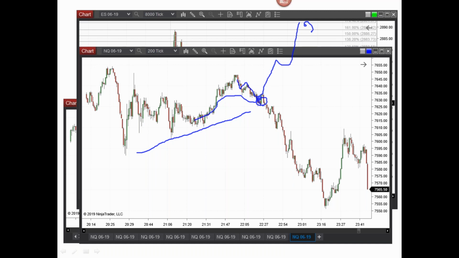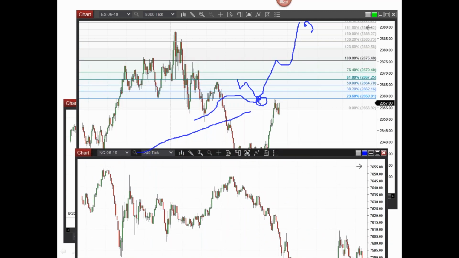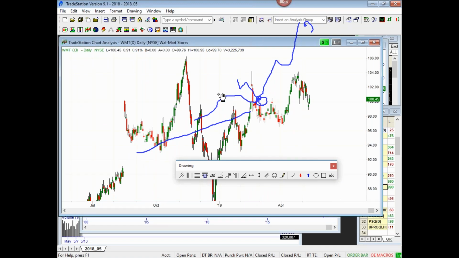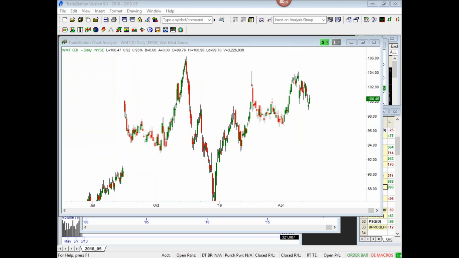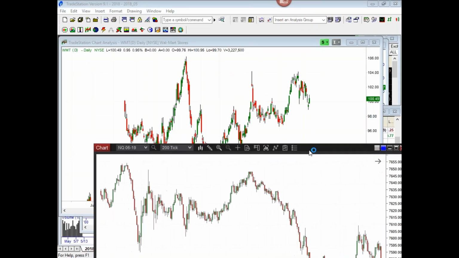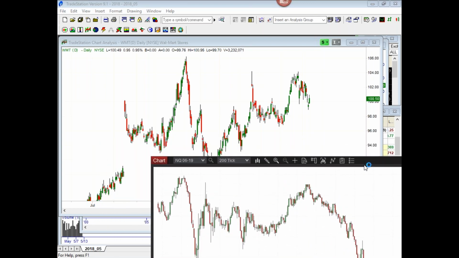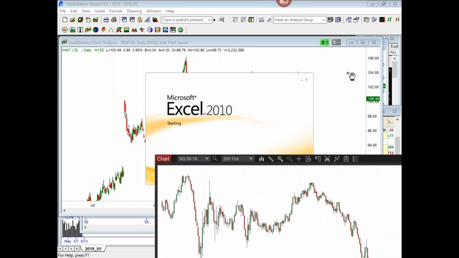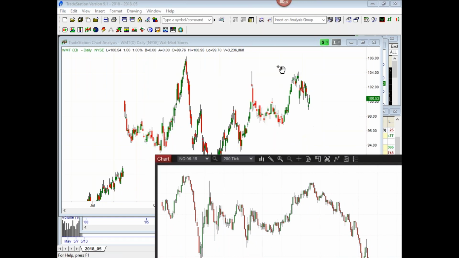So if you look at this and you compare this to Walmart, let's clear this. You're looking at this pullback here being a comparable level is right here.